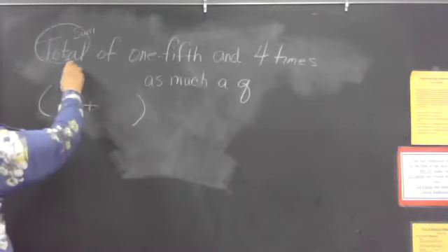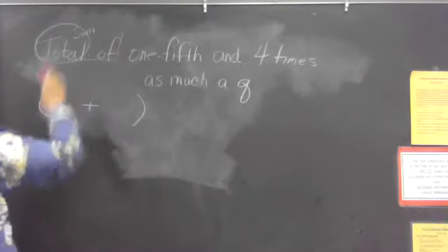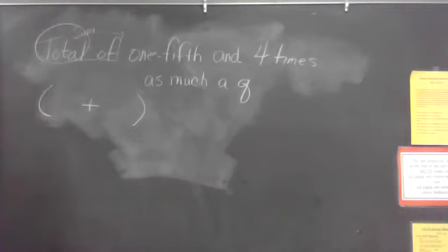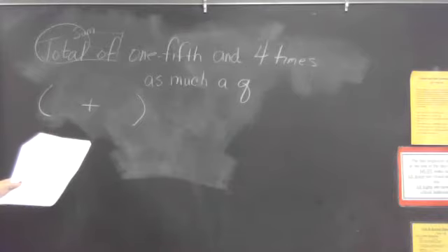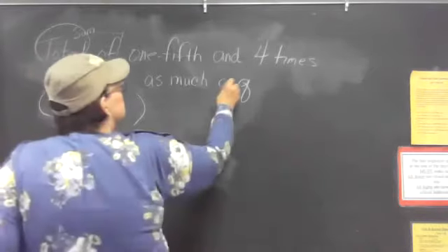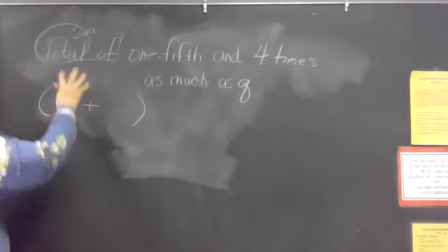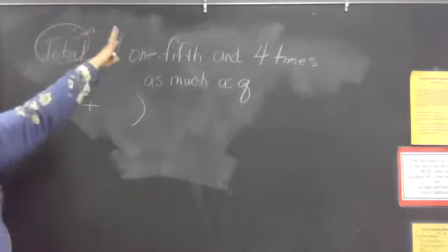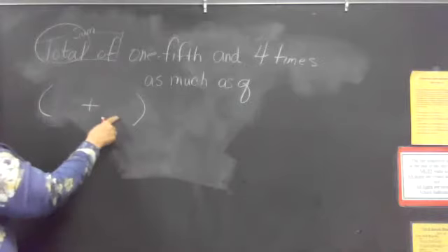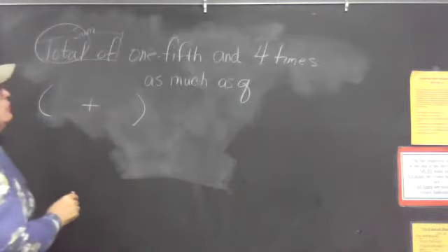The total of, that's not a multiply. It's just something we're going to have to get used to. As much as. Okay. So we said that the minute we put the parentheses right after that, it's going to tell you what goes here and here, and it's going to be separated by the word and.